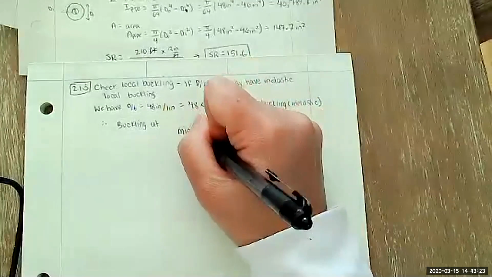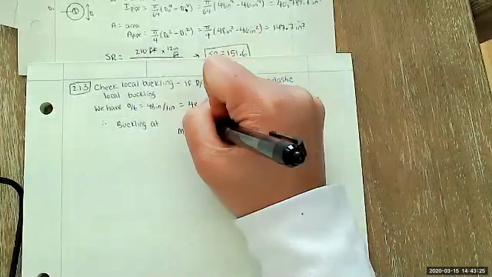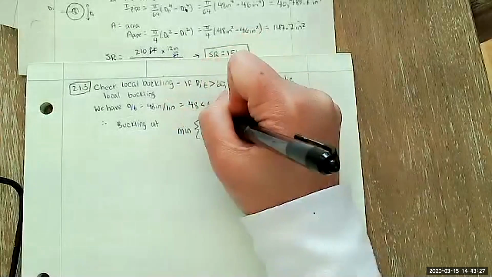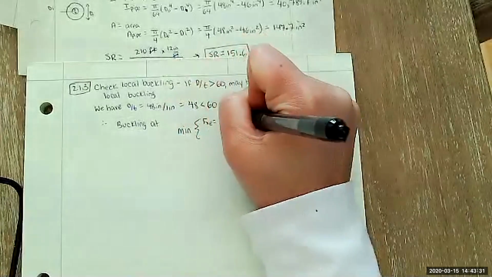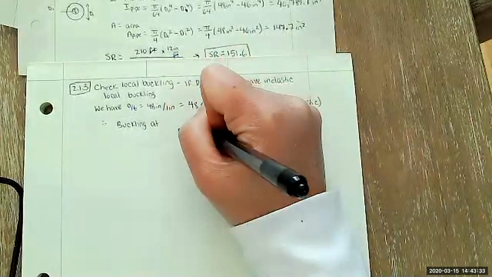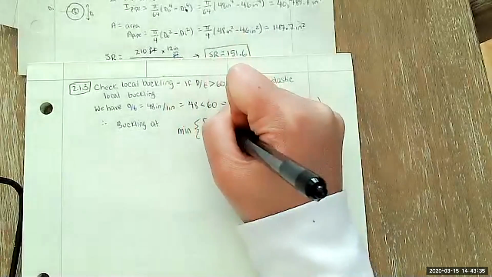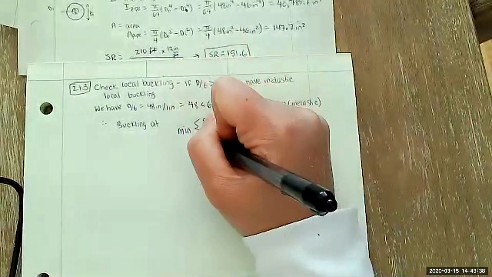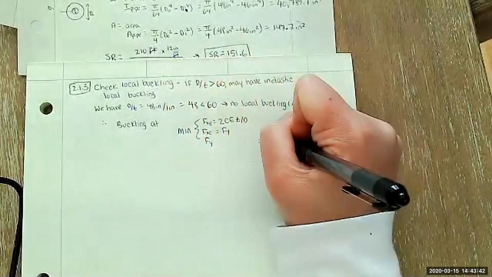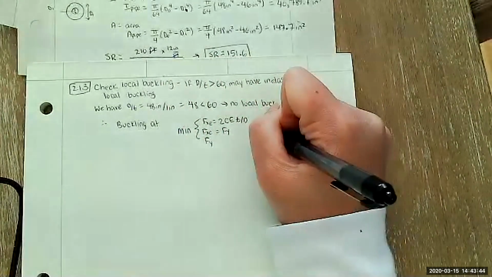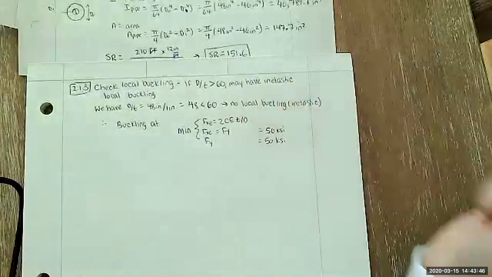F sub XE is equal to 2 times a coefficient times E times T over D. F sub XC is equal to Fy. And then finally our yield strength, which is equal to 50 KSI. So we can fill in these two already.